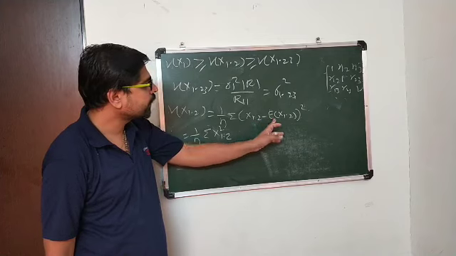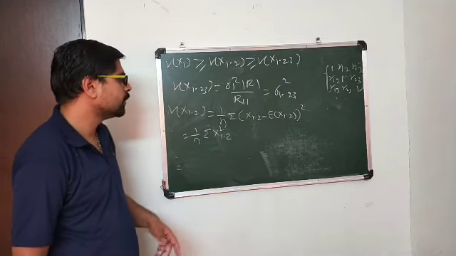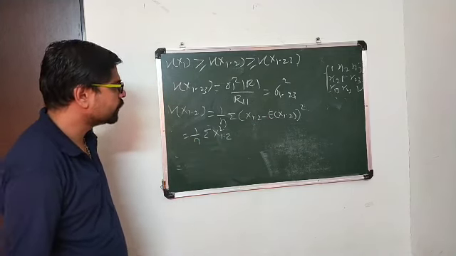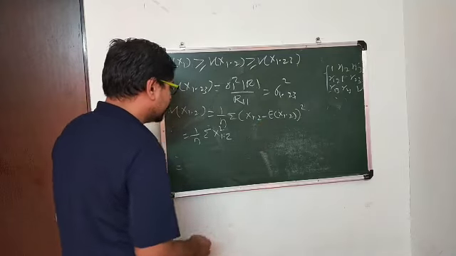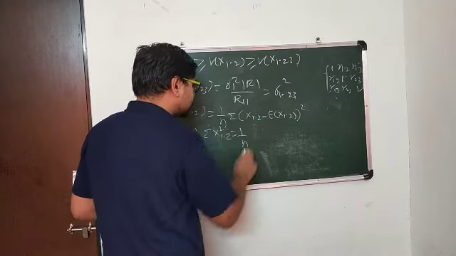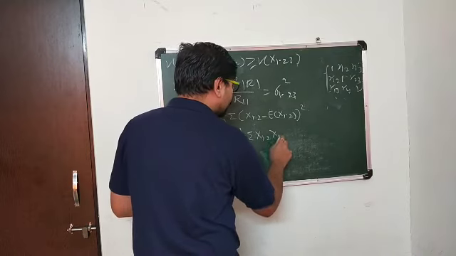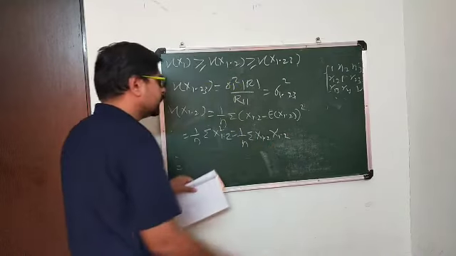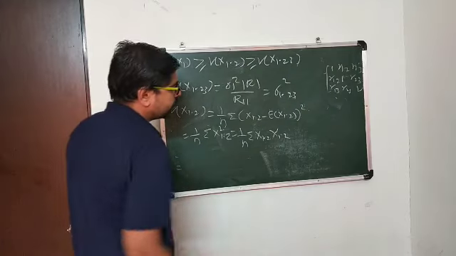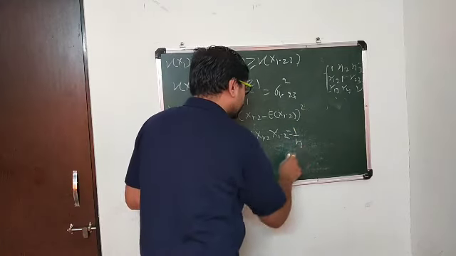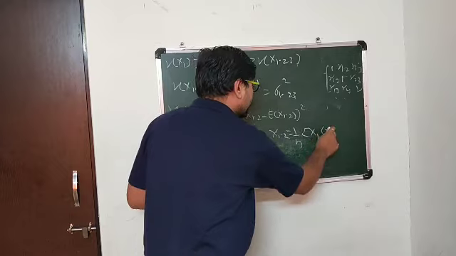Similarly, we can show that the expected value of x1.2 is also 0, because this is the expectation of a residual. So 1 upon n summation x1.2 into x1.2. We have written the square as a product. So 1 upon n summation x1 into x1.2.